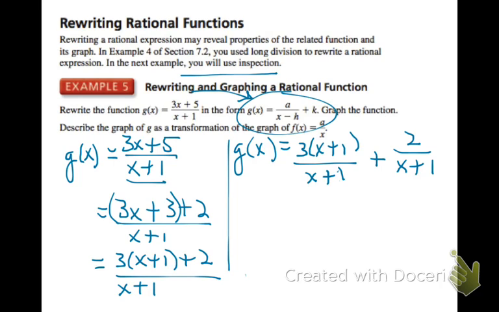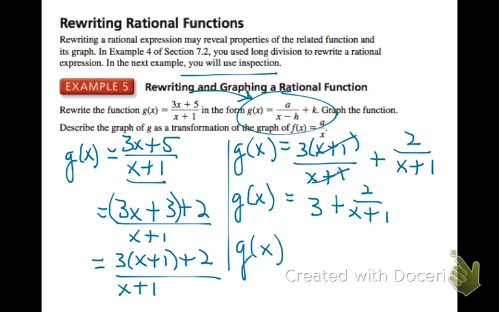Now I bet you can see what we're getting at. In the first expression, we can divide out the x plus 1 expressions, and we'll have g of x equals 3 plus 2 over x plus 1. The only thing left to do is just to rearrange that.